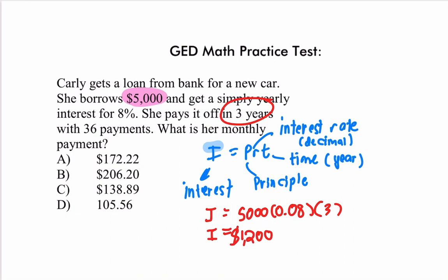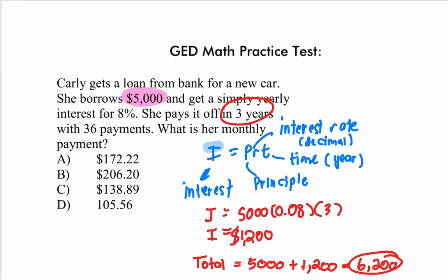But the total money that she needs to pay back to the bank is the principal plus the interest. It will be 6,200.